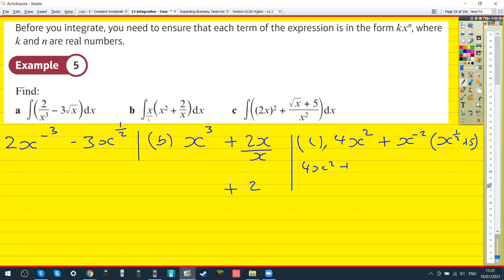Oh no, 1.5. It'll be minus 3/2. Yep. And so x to the minus 3/2. And the other one? 5x to the minus 2. That's it. And then you integrate from there, but the integration bit is the easy bit for this.